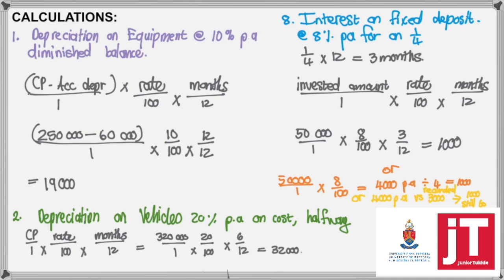Now, how do I see the 3,000? This 3,000 is the interest on fixed deposit amount in the nominal section on the pre-adjustment trial balance. So I should have recorded 4,000, but I recorded 3,000. So there's a difference of 1,000 Rand that is still to record. That's just different ways of looking at the same answer.